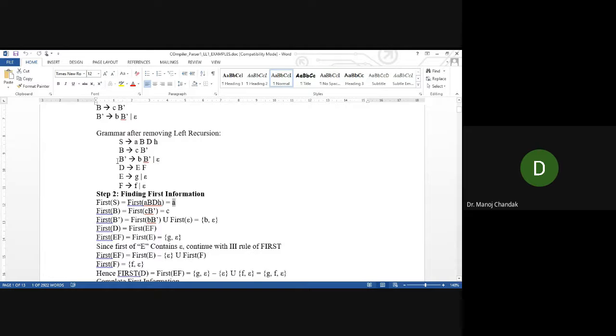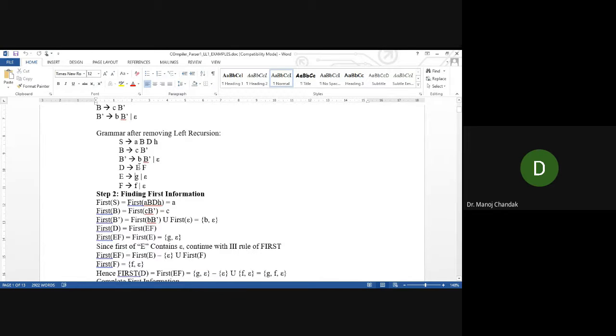Now you continue finding first in the same order till you find some problem, like where you have a rule wherein the rule starts with a non-terminal. Okay. So if the rule starts with a non-terminal, it will expand. If the rule starts with a terminal symbol, then probably wherever there is a non-terminal, expansion will happen. Otherwise, expansion will not happen.